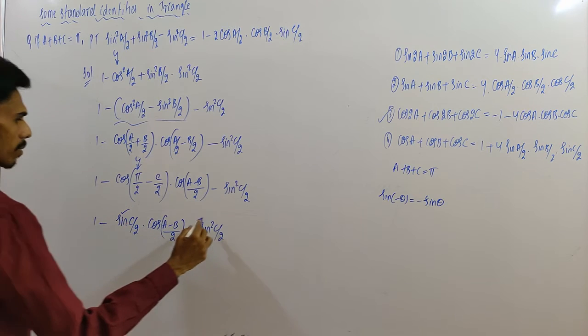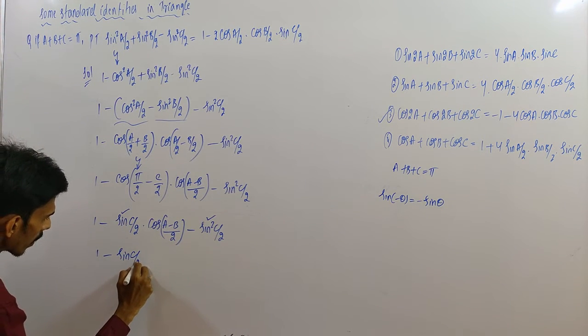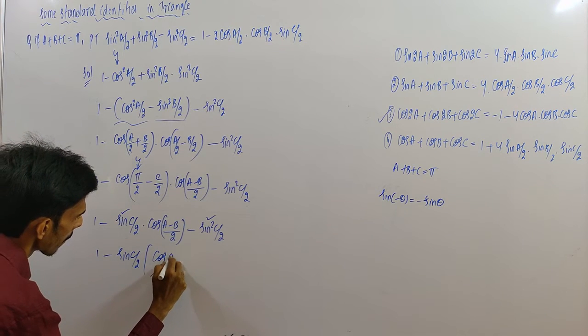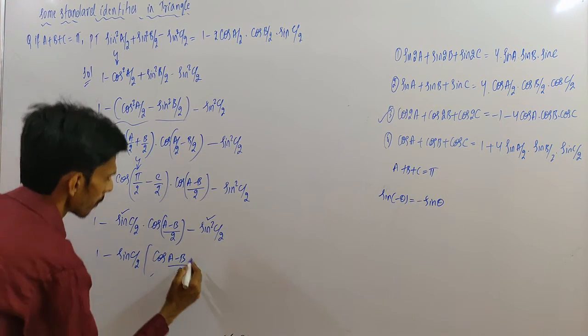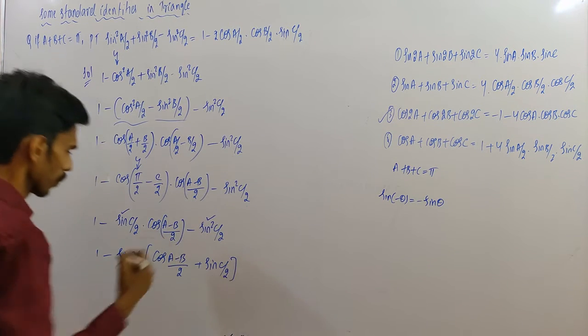Here we have minus sin C by 2, minus sin C by 2. Take common with minus sign. Minus is common, so it will become plus sin C by 2.